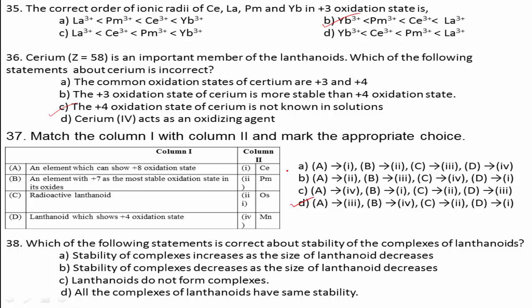And another point, stability of complex increases. If you know about these points, you can go directly to the answer for the 38th question, which is A. Stability of complexes increases as the size of lanthanoid decreases. Therefore, the correct answer for this question is option A.